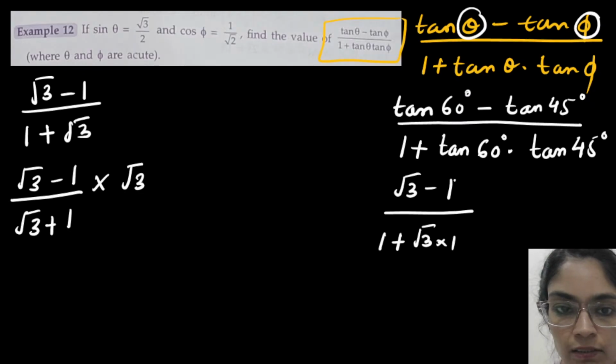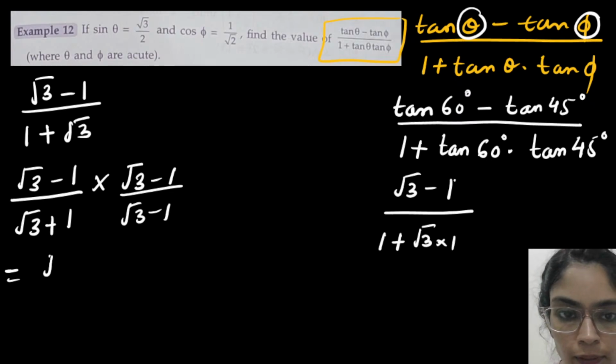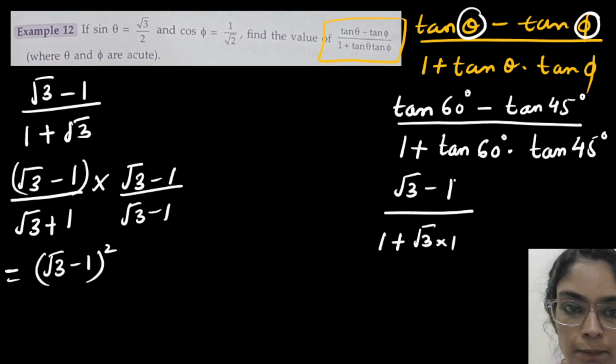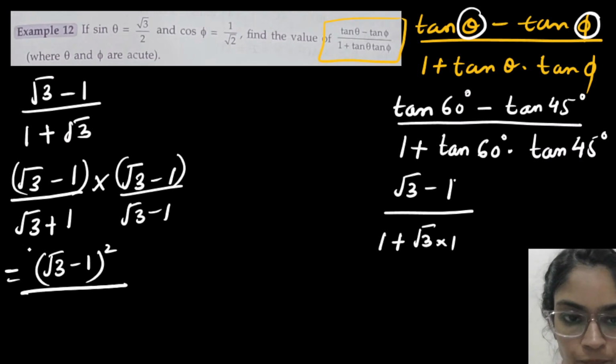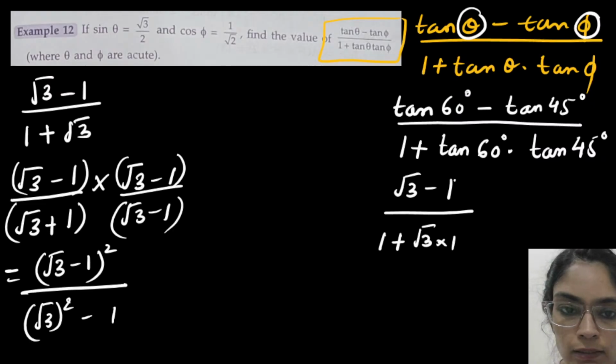Its rationalizing factor is (root 3 minus 1) by (root 3 minus 1), so the denominator has the same expression but with opposite sign. So I've done rationalization. The numerator will become (root 3 minus 1) whole square, since the same expression multiplied with itself becomes a whole square. And the denominator is (a plus b) into (a minus b), and (a plus b) into (a minus b) is a square minus b square.